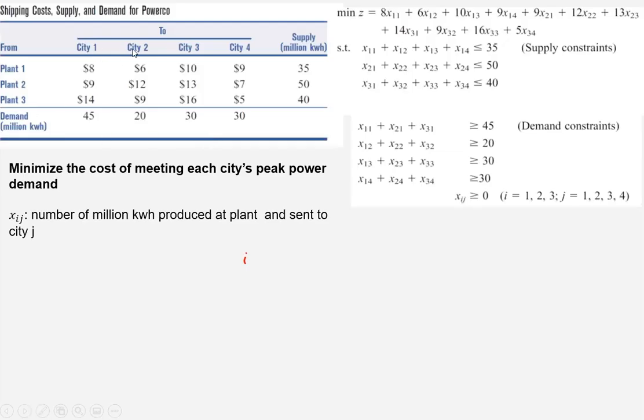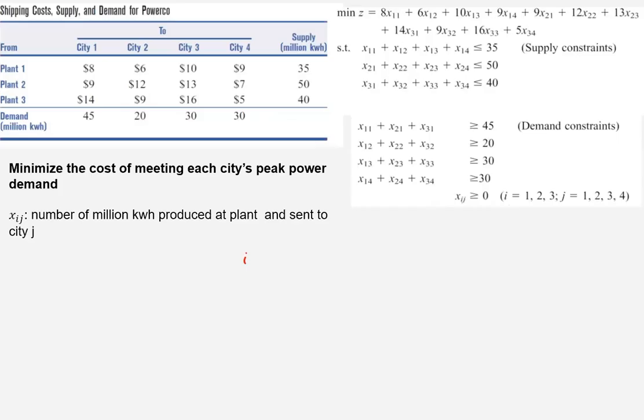And for the cities, because it's a demand, not supply, it has to be greater than or equal to: the total amount that comes from plants 1, 2, and 3 should be greater than or equal to the demand of city 1, which is 45. The same thing for cities 2, 3, and 4. And the Xij's in this case were just nonnegative.